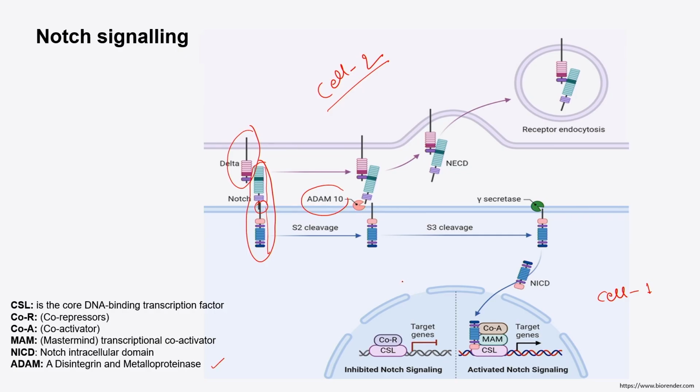Once there is a cleavage, one of the fragments dissociates, and since we are talking about a type 1 membrane protein, the extracellular domain can bind to the Delta ligand and go through receptor endocytosis into the second cell type. However, what is happening to cell 1, which is a critical cell?